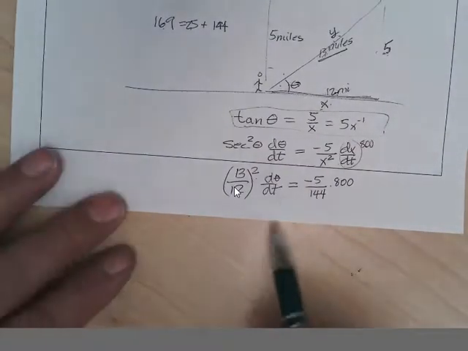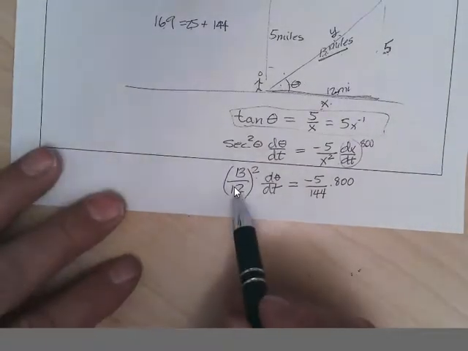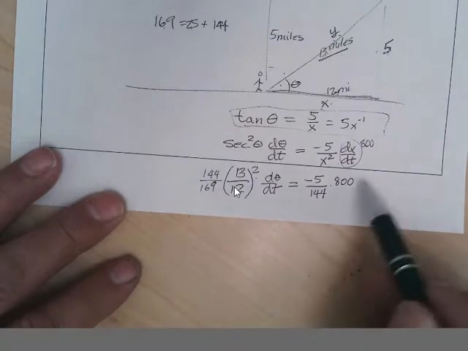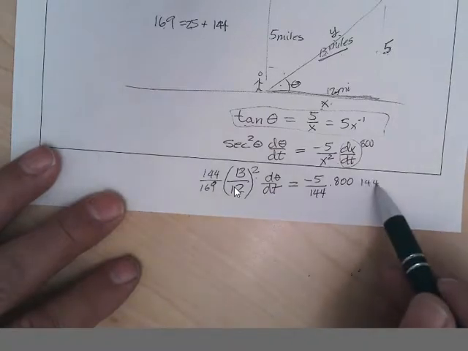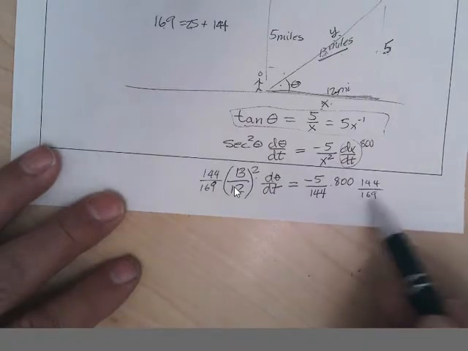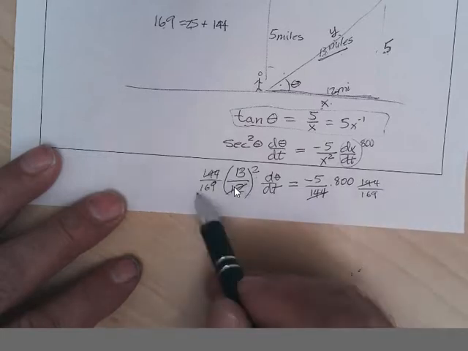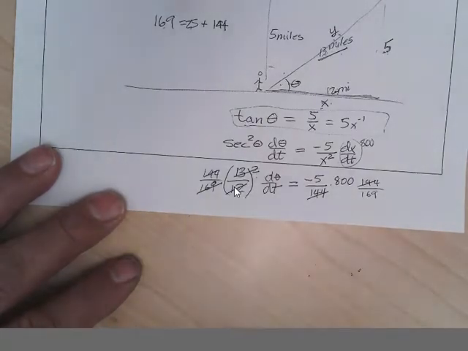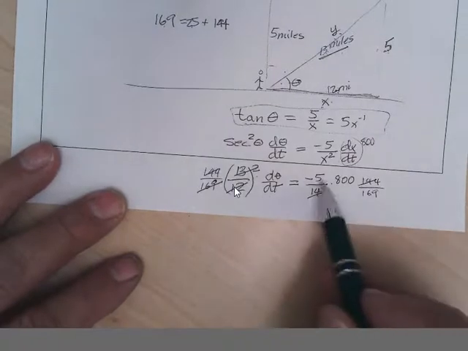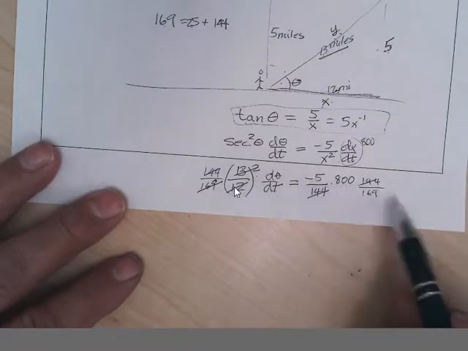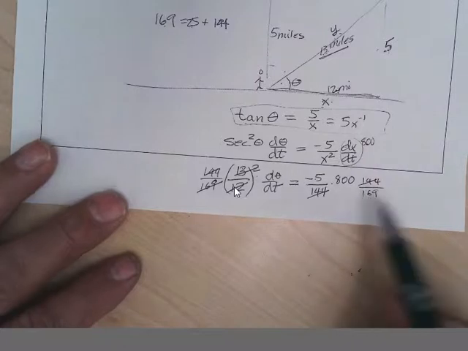So this is 169 over 144, so I'm going to multiply both sides by 144 over 169. The 144s cancel. 169s cancel. And I get negative 5 times 800, which is negative 4,000 divided by 169.